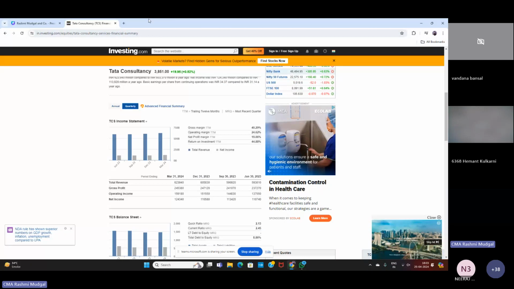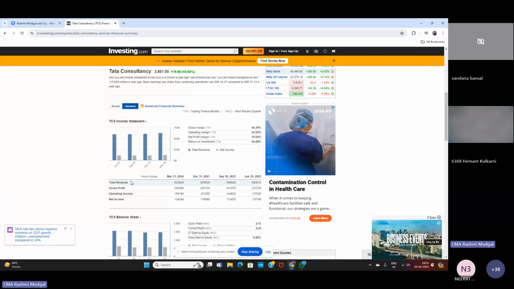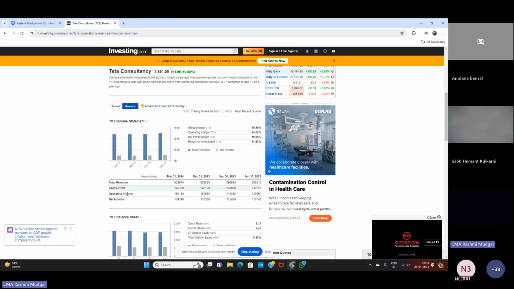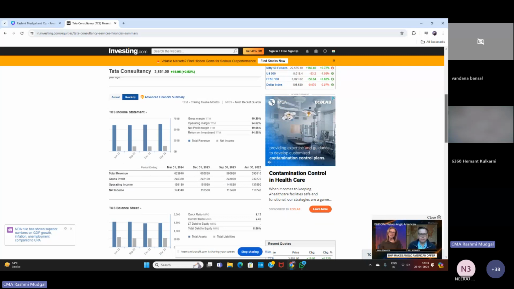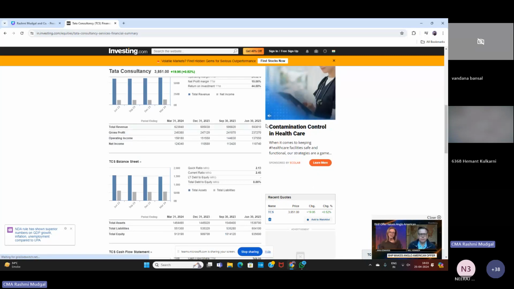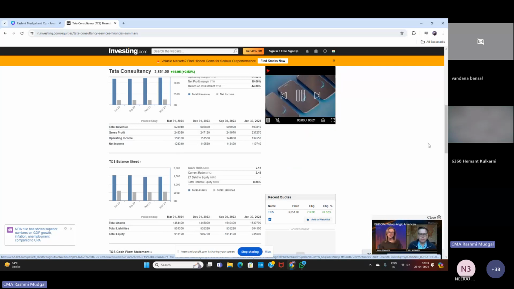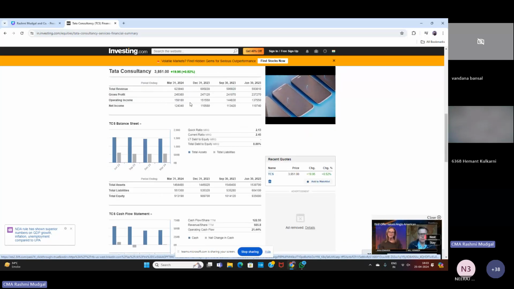Okay, if we go to the total revenue, gross profit, operating income, as well as net income by the quarters, it has given us quite a good picture where we can understand the profitability, net income, and everything. After that, we get the TCS balance sheet, which is more about the liquidity ratios. What is the quick ratio? What is the current ratio?